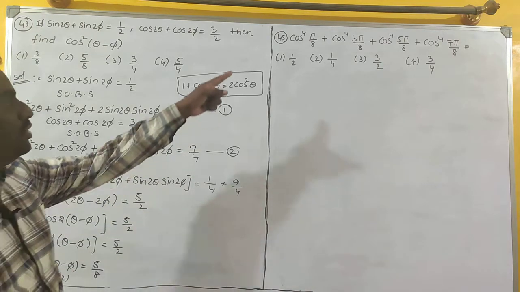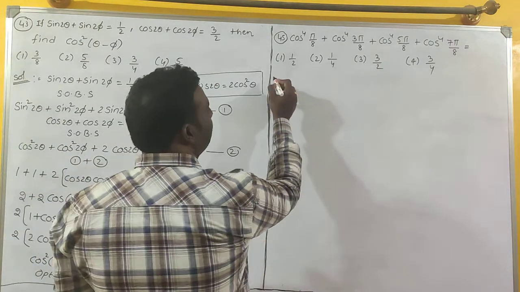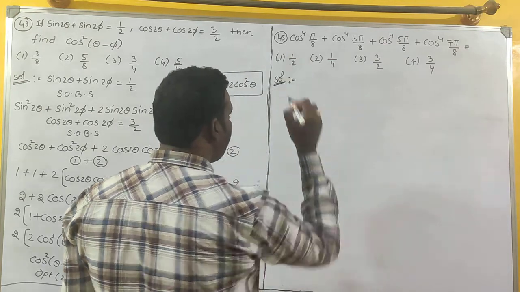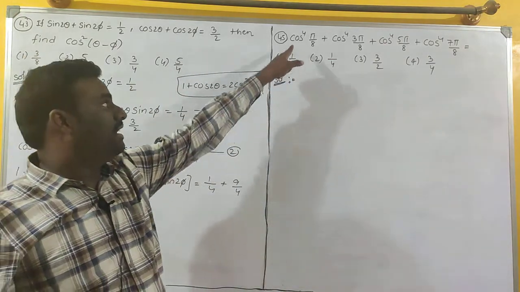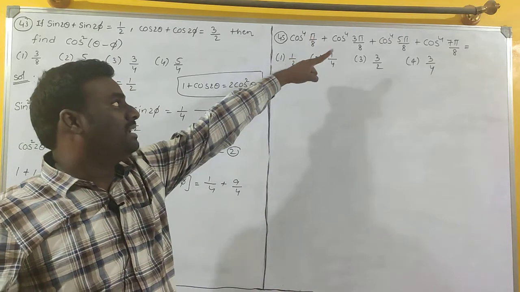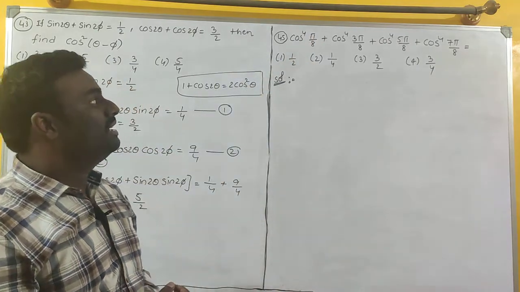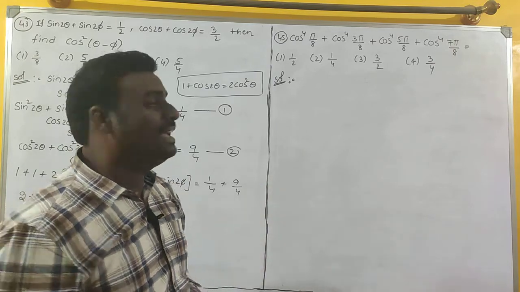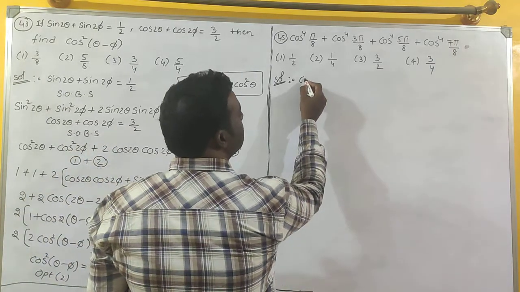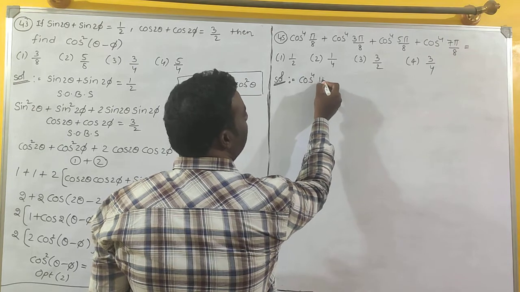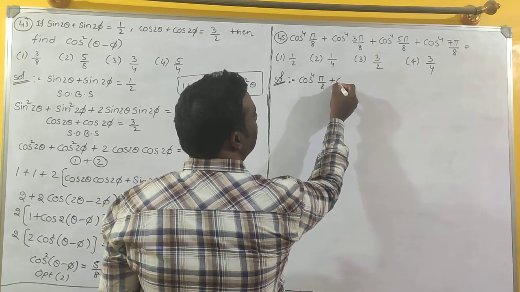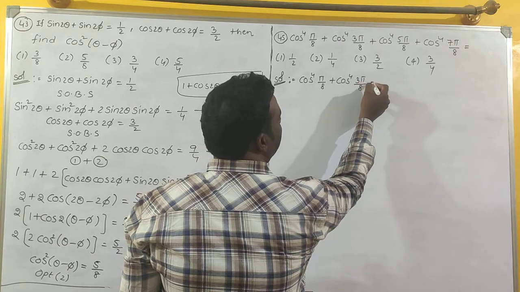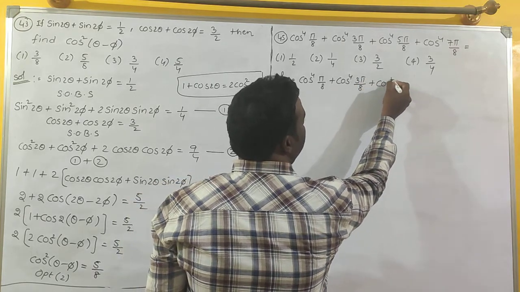Now coming to question number 45. Here we need to find the value of cos power 4 pi by 8, cos power 4 3 pi by 8, cos power 4 5 pi by 8, cos power 4 7 pi by 8. Now first cos power 4 pi by 8, cos power 4 3 pi by 8, cos power 4.